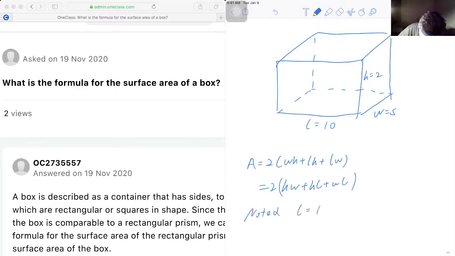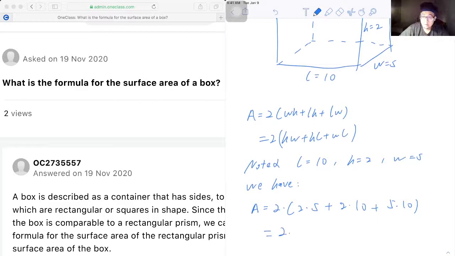L is equal to 10, H is equal to 2, W is equal to 5. We have A is equal to 2 times H times W, which is 2 times 5, plus H times L, which is 2 times 10, plus W times L, which is 5 times 10.